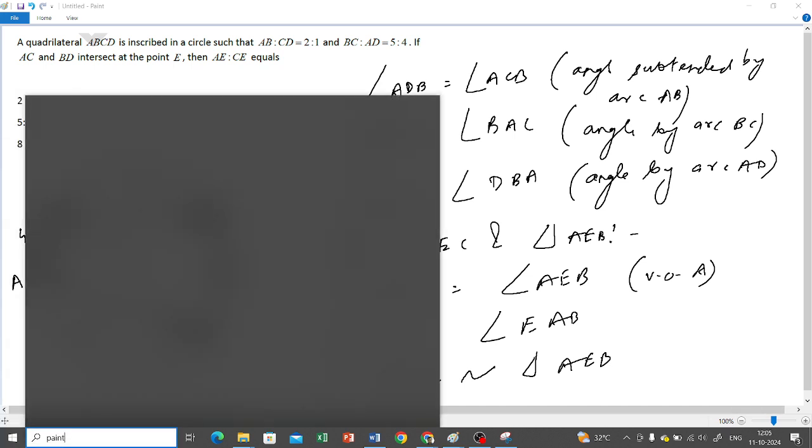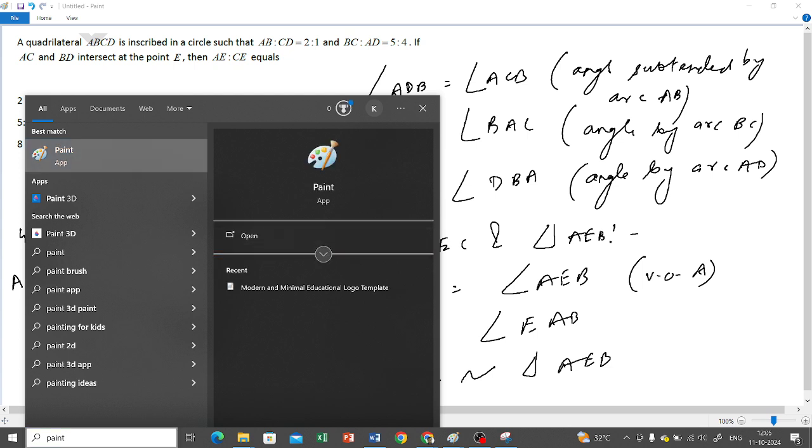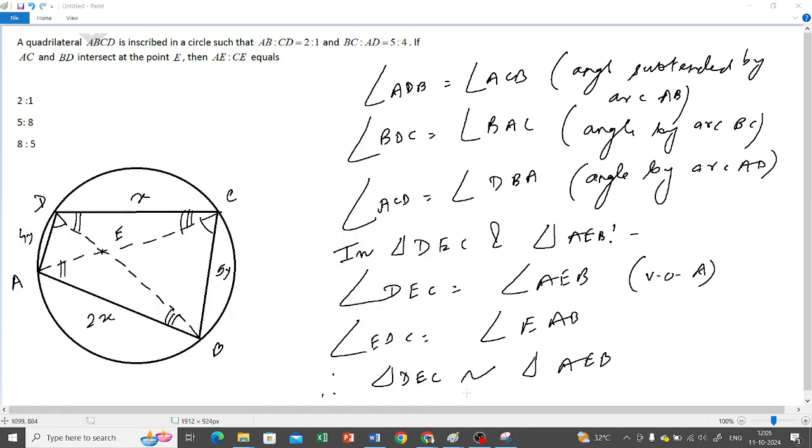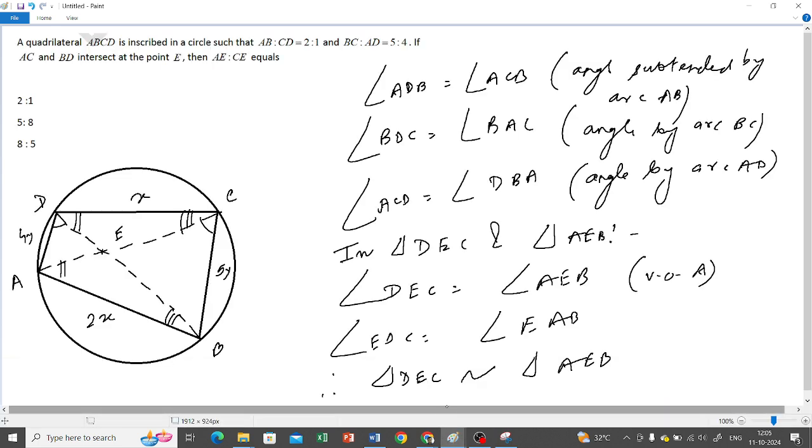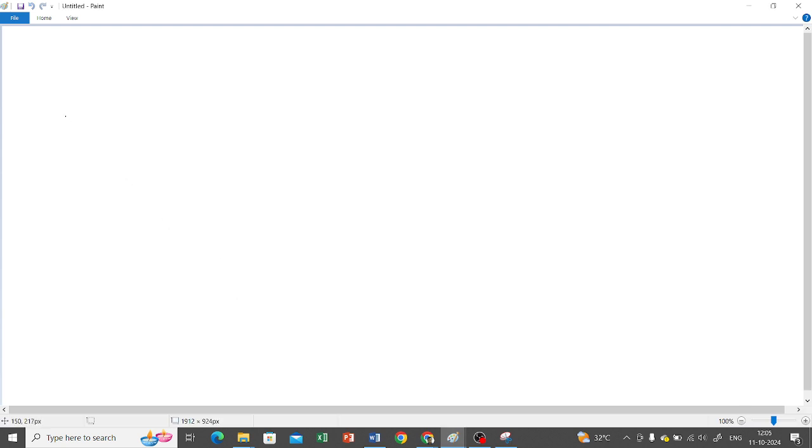Yes, sir. Now if that is the case, then corresponding sides are what? Proportional.